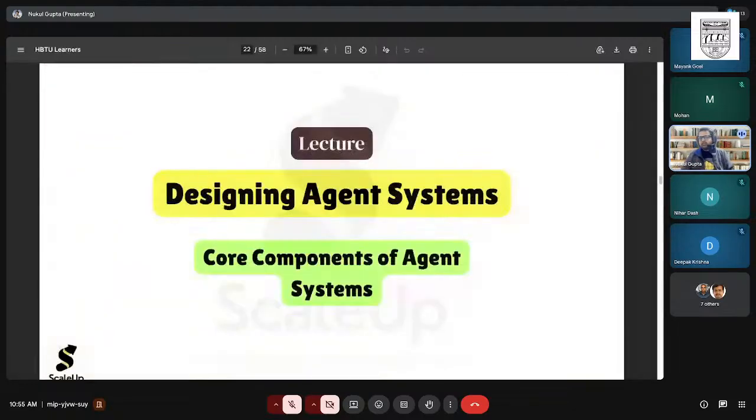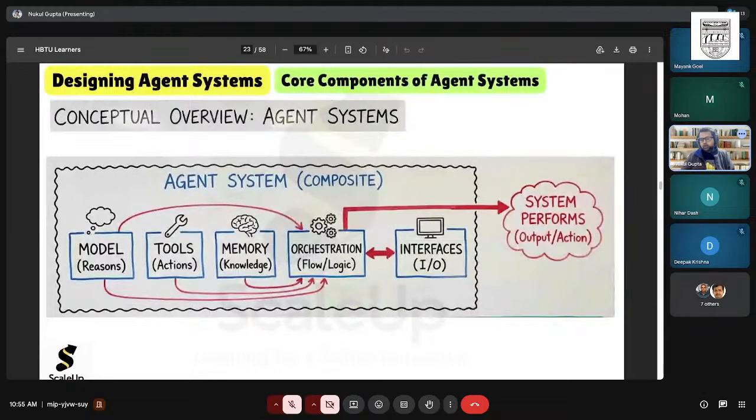Now we will discuss something very important: core components of agent systems. Any agent system we take will have all these components. It will have a model, an LLM, responsible for reasoning. It will have external tools, responsible for actions. It will also have memory.